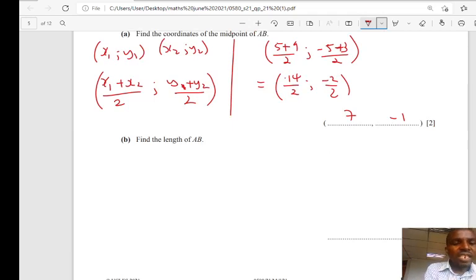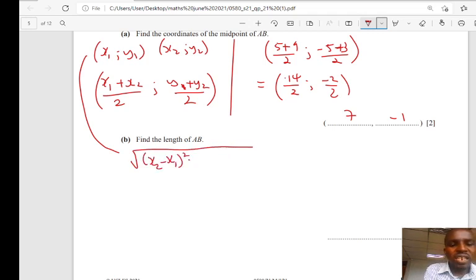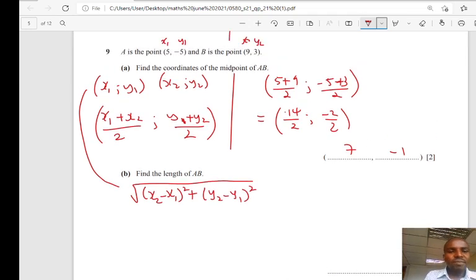Next, find the length of AB. Length of a line given 2 points, for example, taking the same x1, y1, x2, y2. Length of a line is the magnitude. It says square root of x2 minus x1 squared plus y2 minus y1 squared. That's the formula for finding the length of a line. So in this case, you can just take our points.